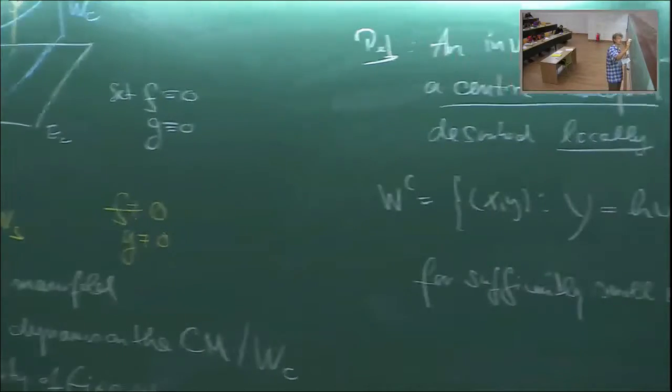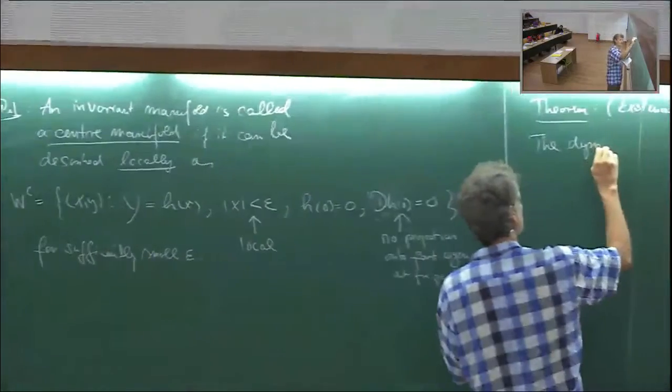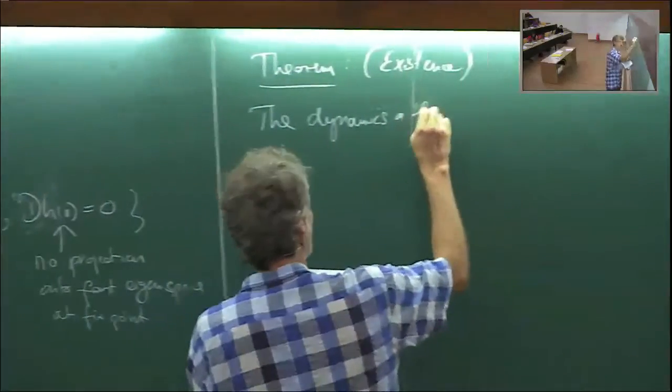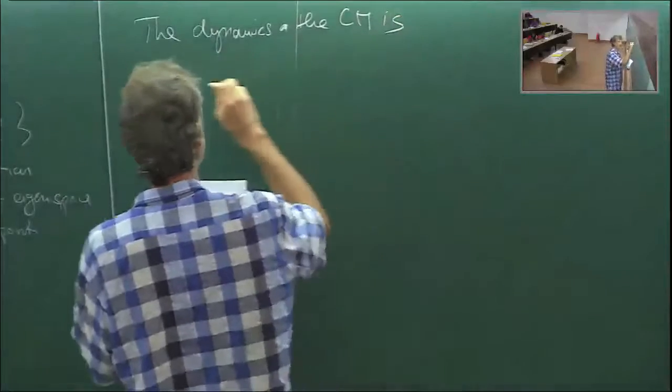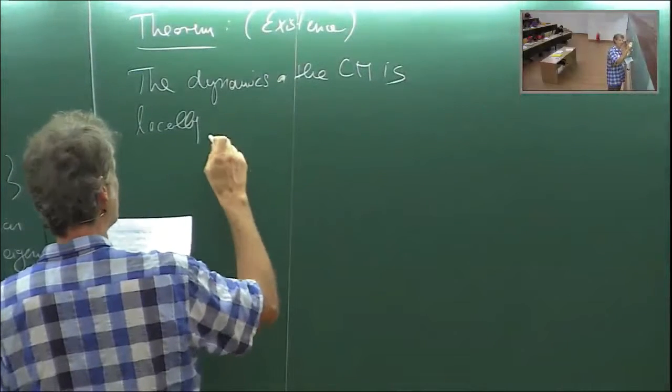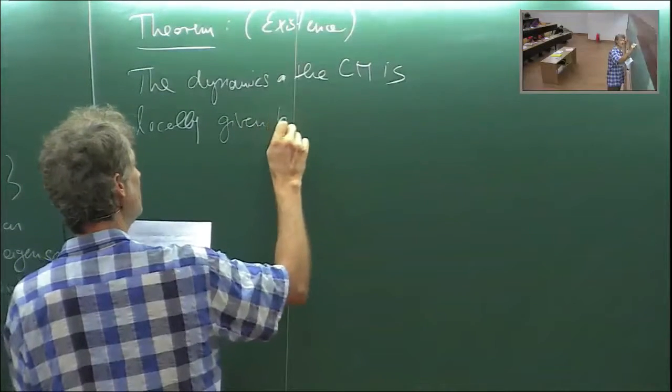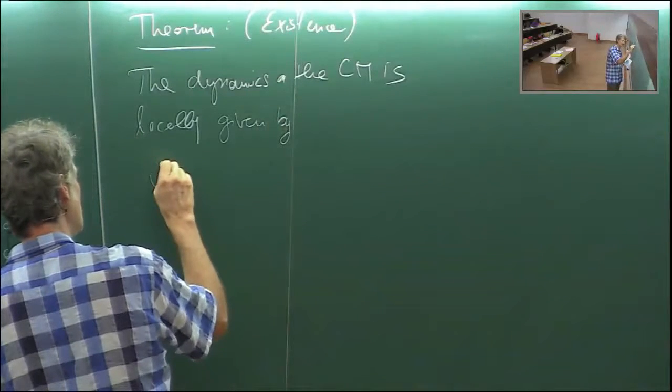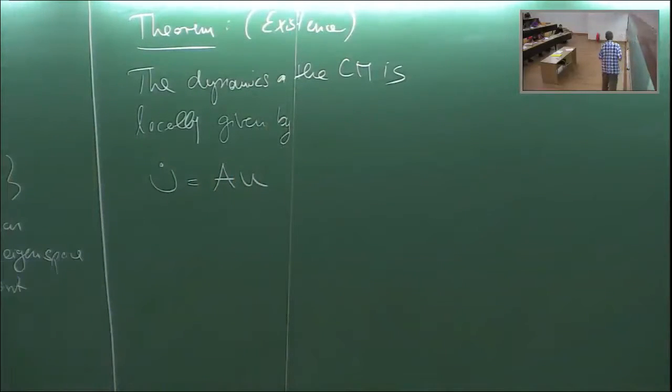So the theorem says that the dynamics on the center manifold is locally, so that means near the fixed point, given by u dot is Au, right? So this is here, x is u, u dot is Au plus f of u, and now y is a center manifold, so y is h of u. And now we have actually a closed system for our slow variable.